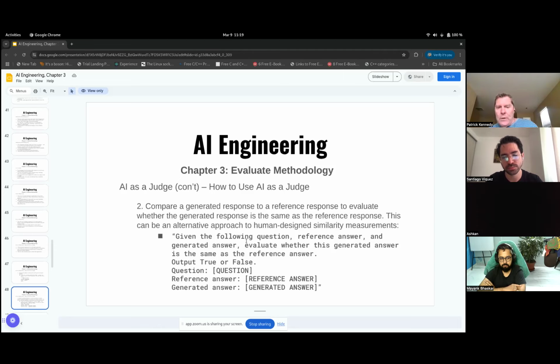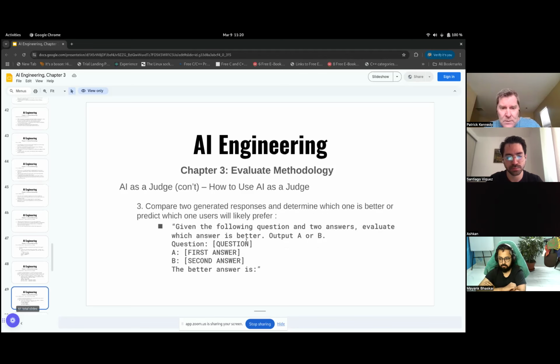And so the output will be true or false. So the question is question, and you're going to compare it to the reference question, and are they the same? And the generated answer is going to be true or false, apparently. So as another good prompt. And finally, the third example, as I recall, there were 3.